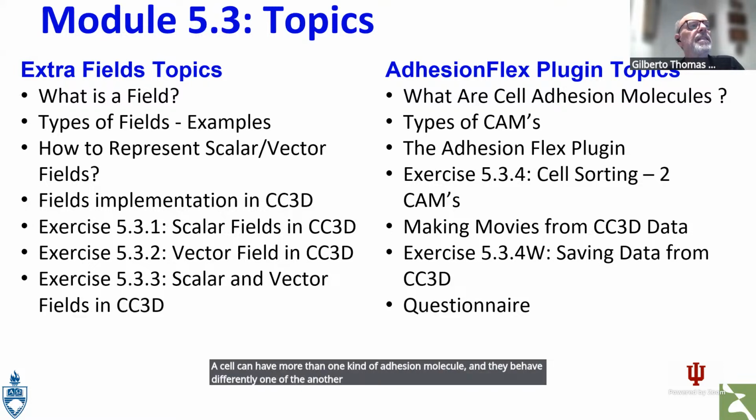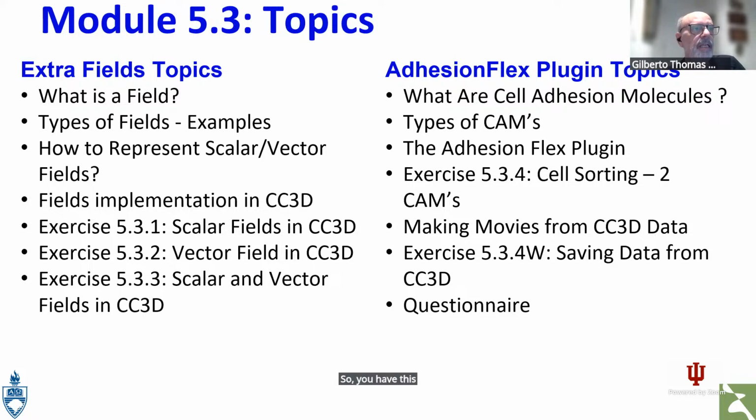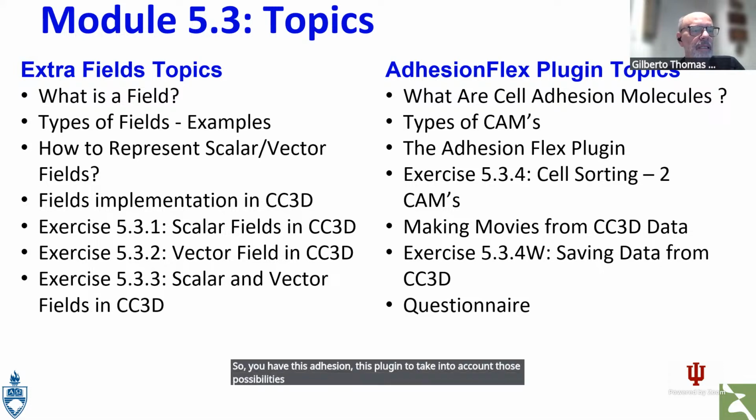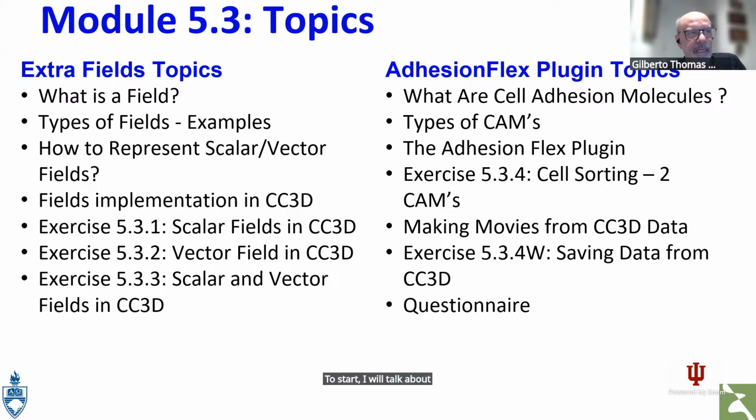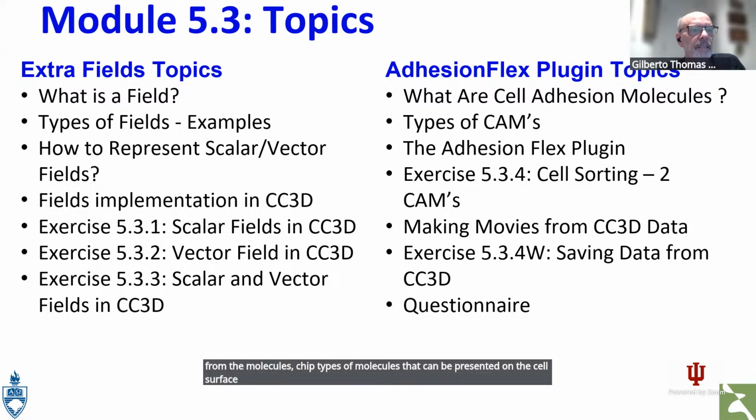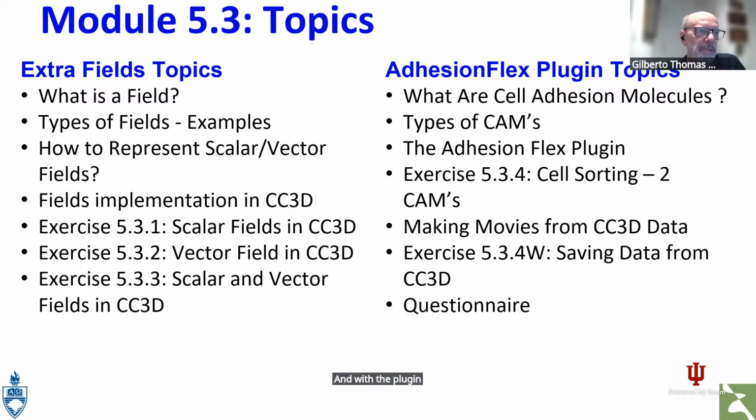So you have this plugin to take into account those possibilities. To start, I will talk briefly about the cadherins, the types of molecules that can be present on the cell surface. And with the plugin, I will give you an exercise where we are going to use this plugin, a cell sorting experiment.